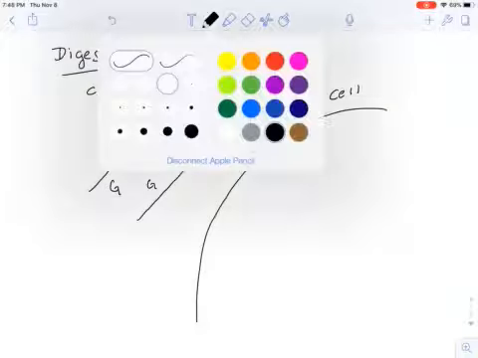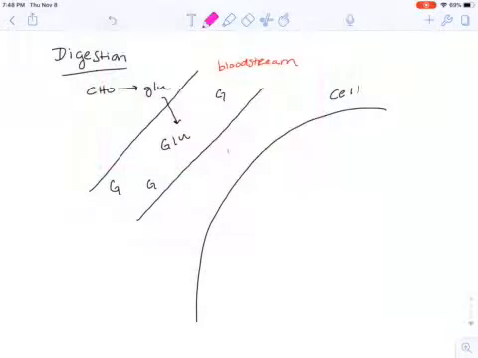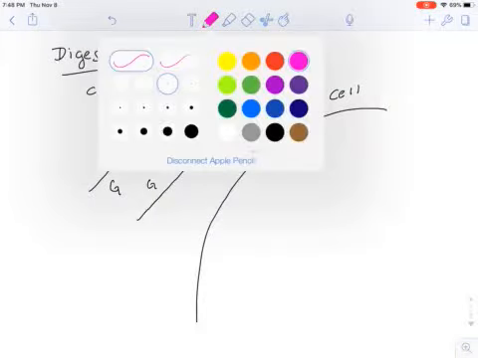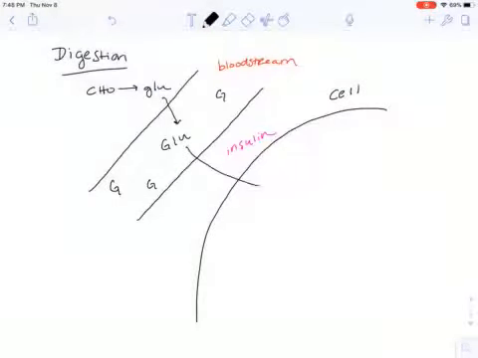In order for that glucose to get into the cell, we need insulin present. And then glucose can get inside the cell. Now, at this point, glucose goes through a lot of different steps to become pyruvate.